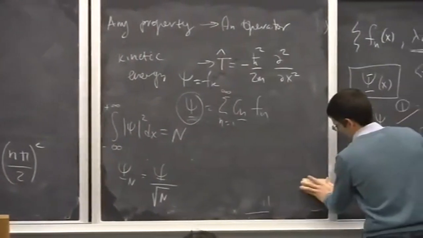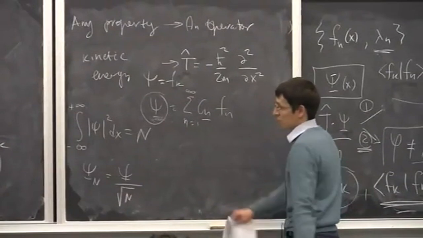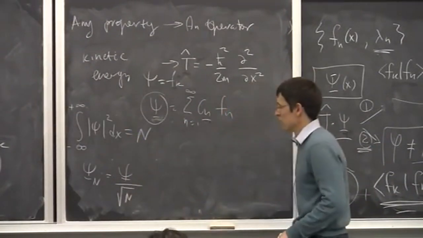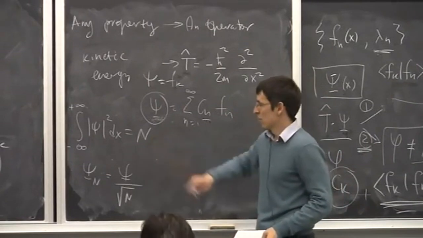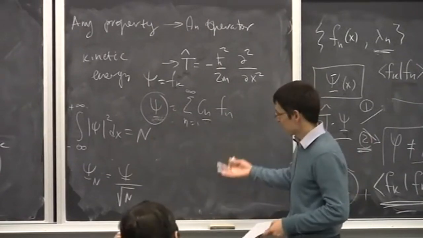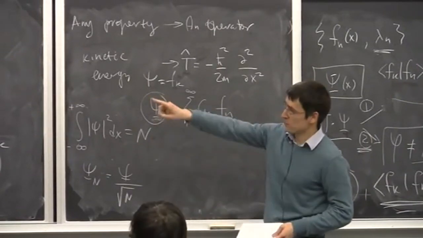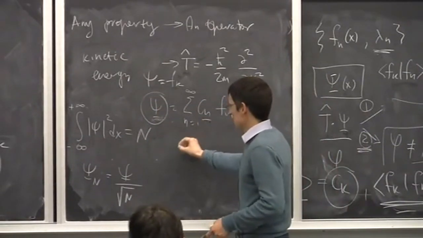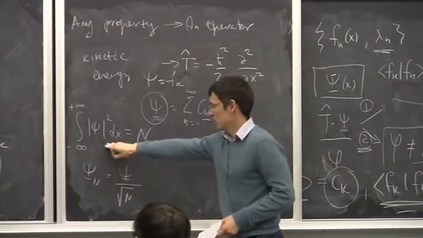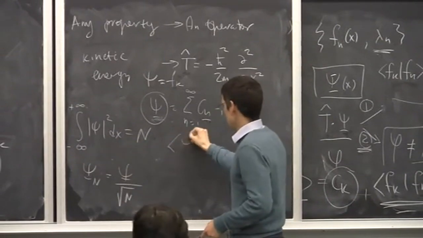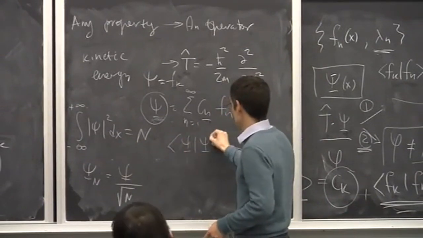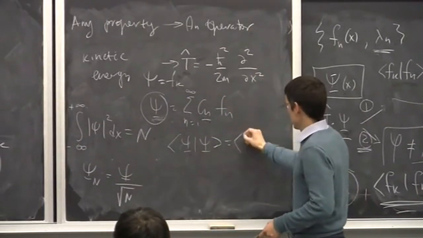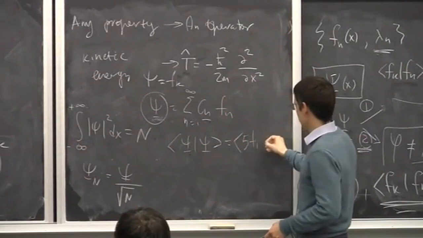Now, as in the case of checking whether the function is an eigenfunction or not, the normalization process is also facilitated by the expansion that we have. I'll show you why. Essentially, this is the inner product of the function with itself, and every function is a linear combination of eigenfunctions.